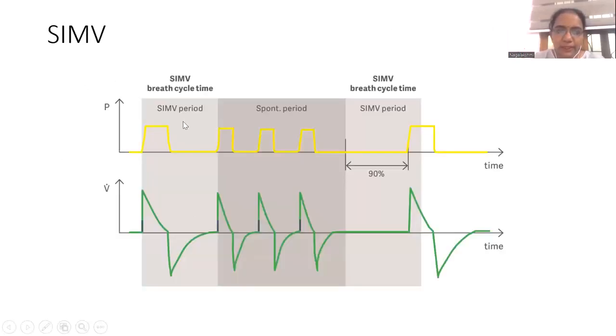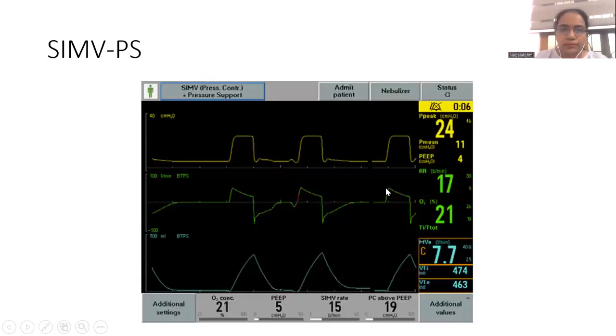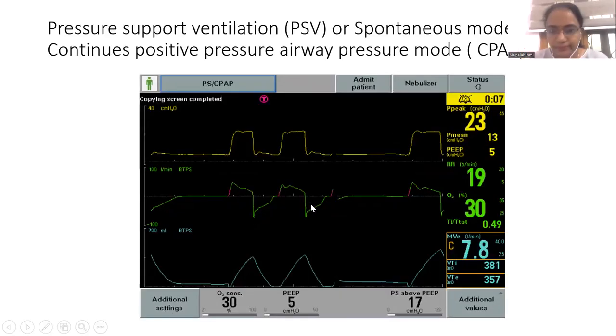There is an SIMV period where the machine delivers a breath, and there is a spontaneous period where the patient takes a breath, and then comes the SIMV period again. The synchronized intermittent mandatory ventilation can be pressure supported or volume supported. Here, if you see, the first breath is the machine breath where the trigger is time triggered or machine triggered. And the second breath, if you notice, the pink line, is the patient triggered breath, and the ventilation is supported by the machine.